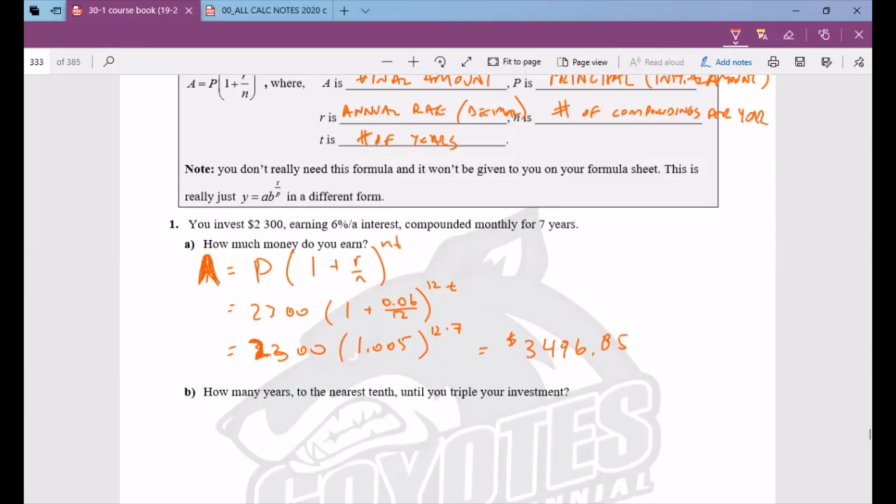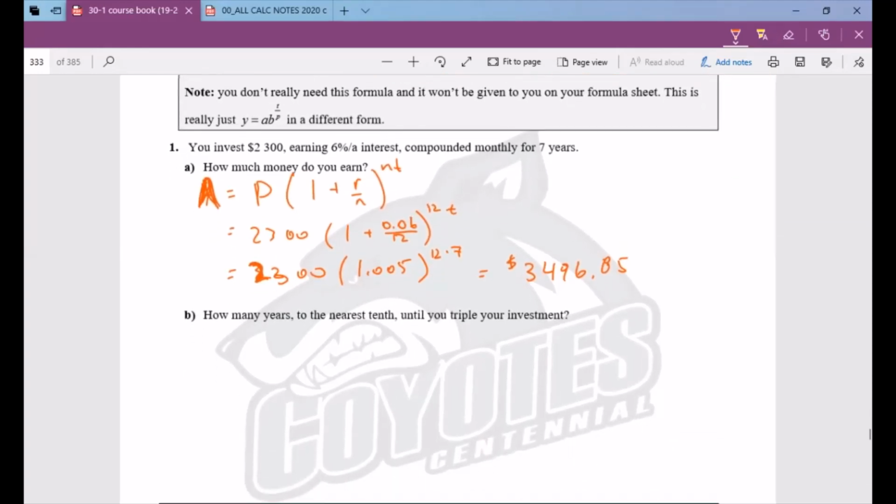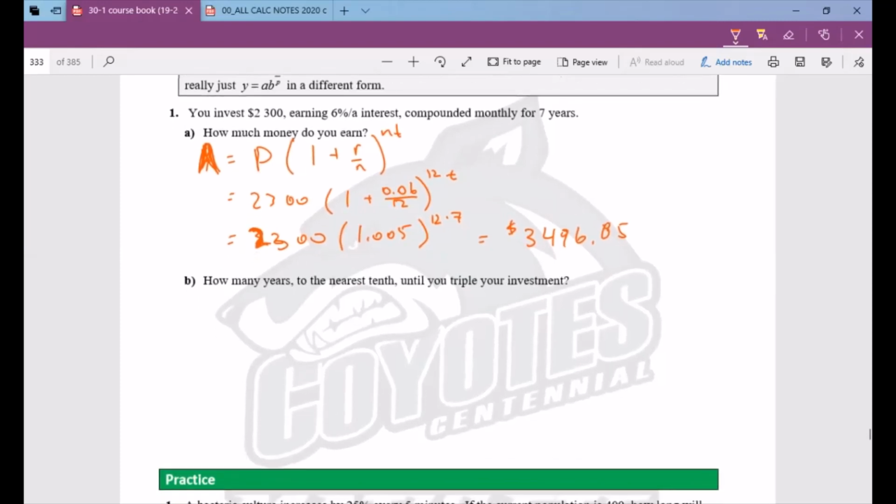Take your actual interest rate, divide it by your number of compoundings. If you're compounding it daily, it's going to be 0.06 divided by 365. Then add 1, and then use that sitting there in your calculator as your base to do your actual calculations. Don't round it off and then use that rounded amount with your calculations.